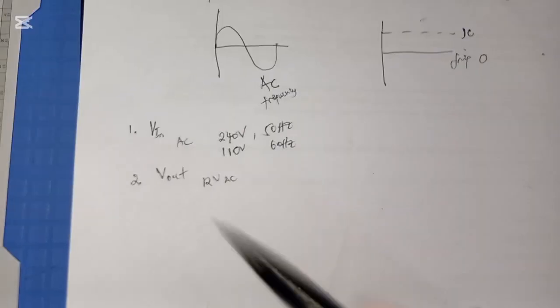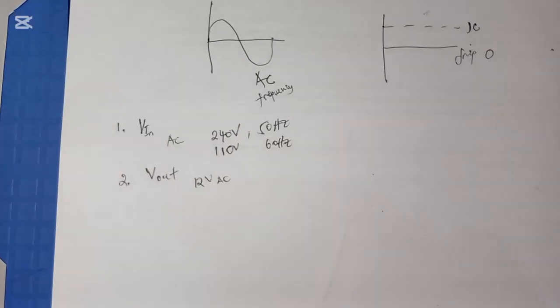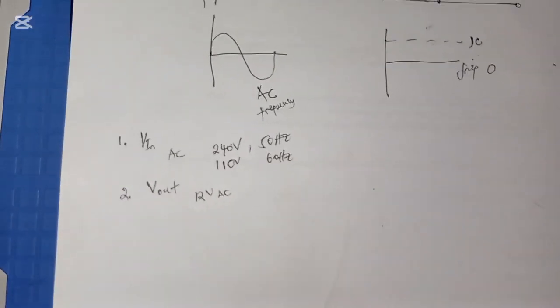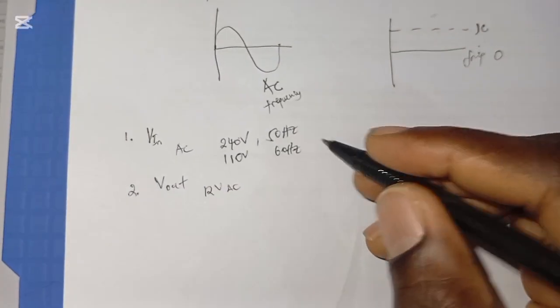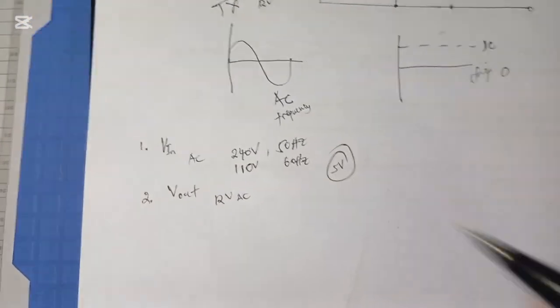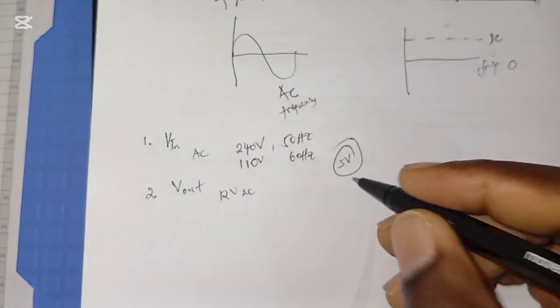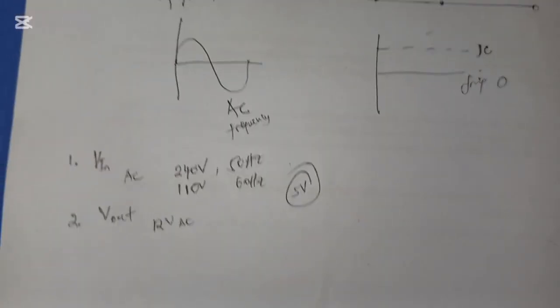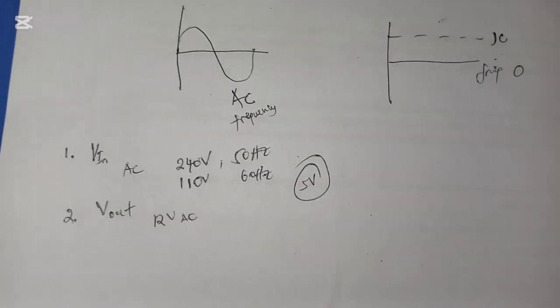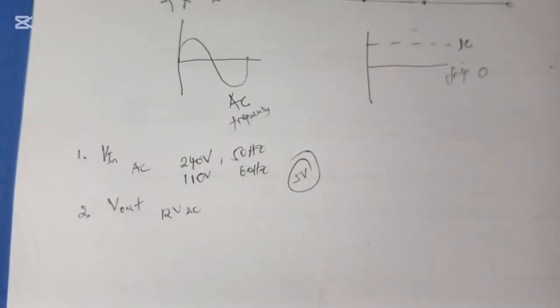For you to choose a transformer, the output voltage of the transformer should be higher than the desired output voltage. In our case, we want to design a 5 volt power supply, meaning the voltage from the transformer should be higher than 5 volt. This is to avoid voltage drops, because with voltage drops some components will overheat. We are going to discuss those in detail.